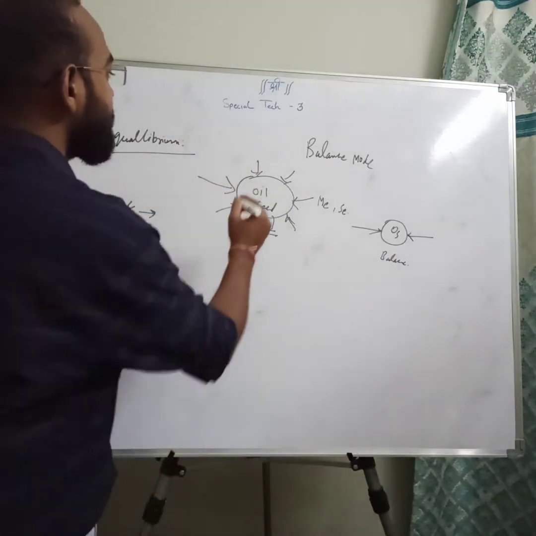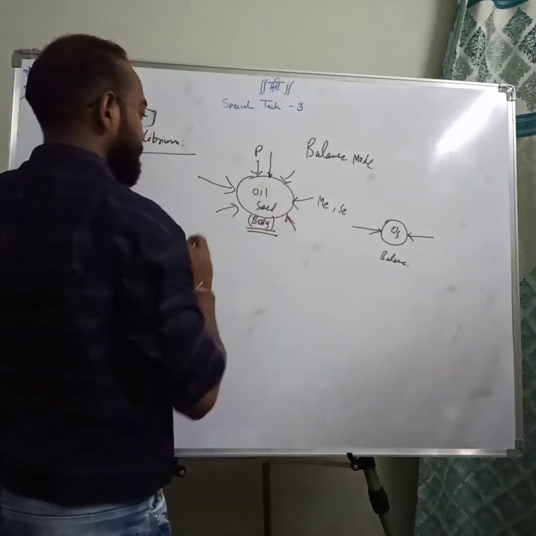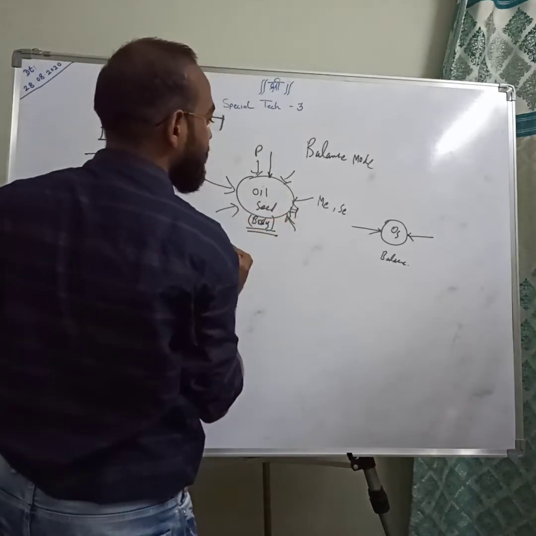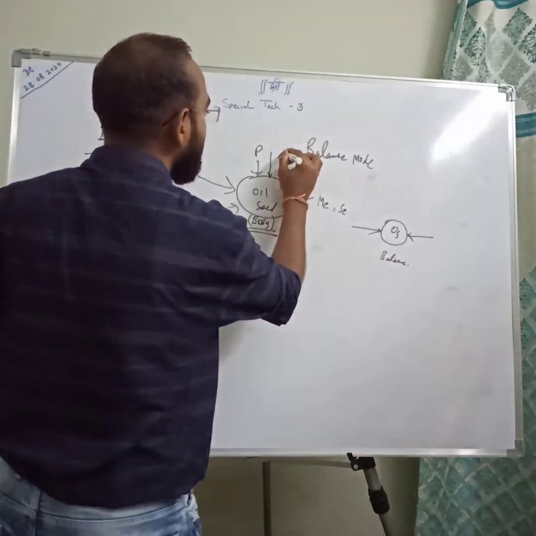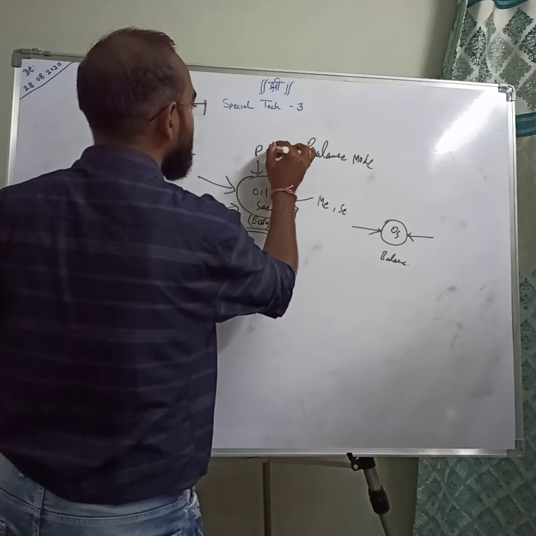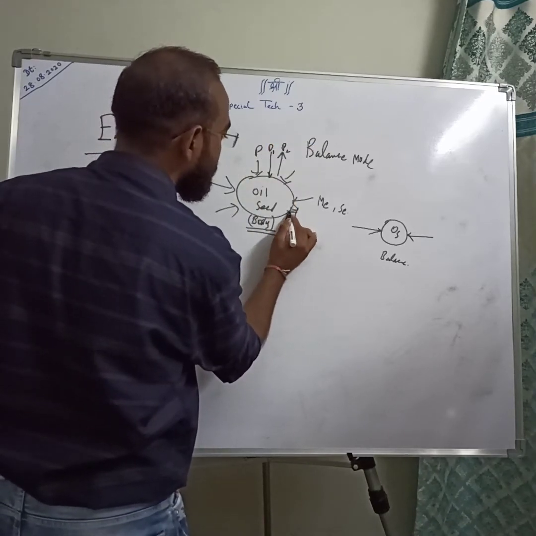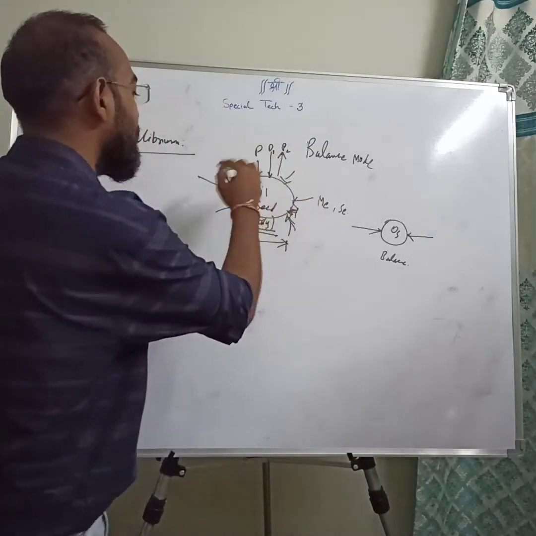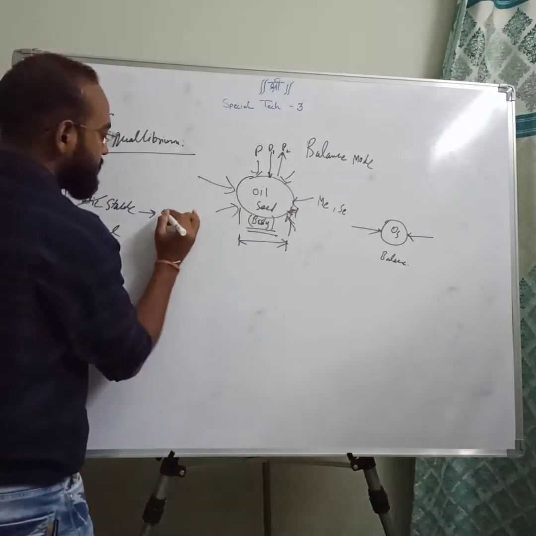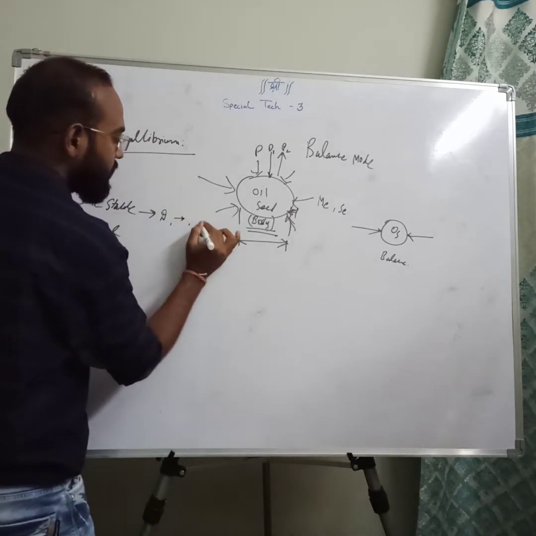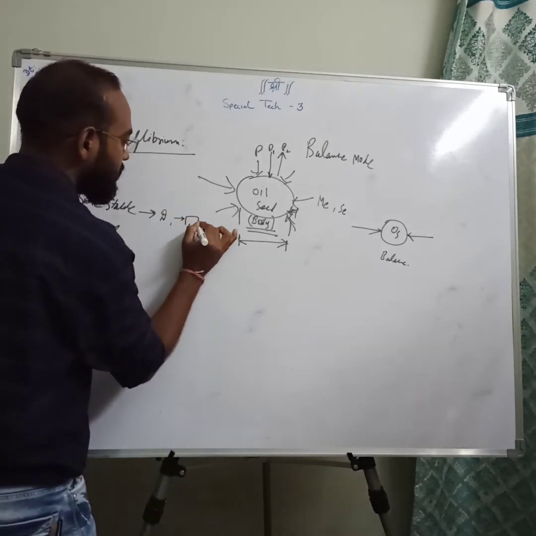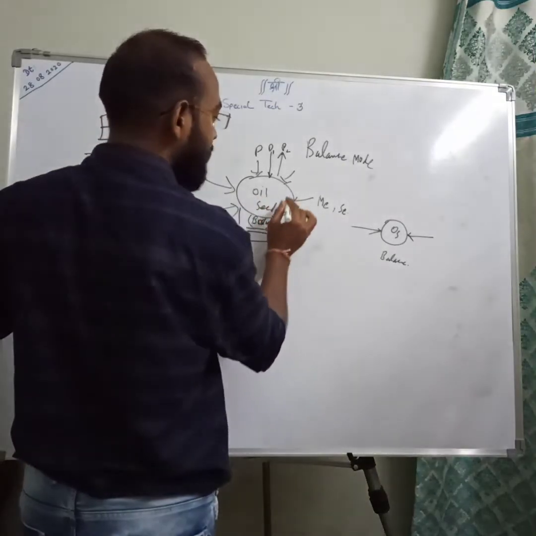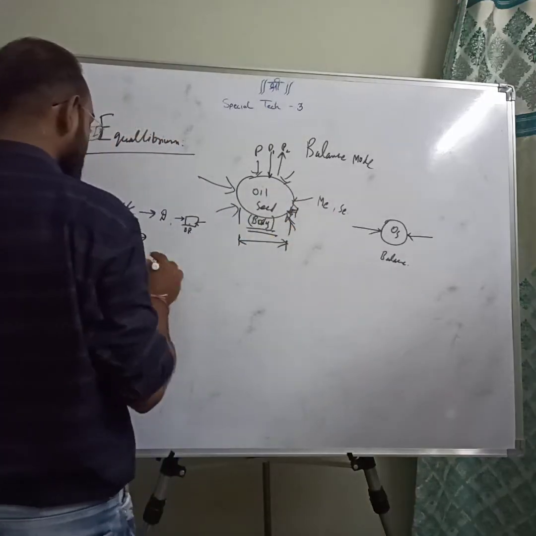When we apply external pressure on it, there is a small displacement, and when we release this pressure, the body will come back to its original position. Means there is a displacement from this to this, but it again comes to its original position.